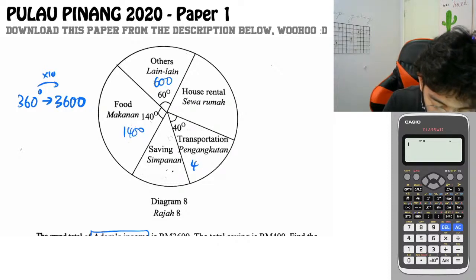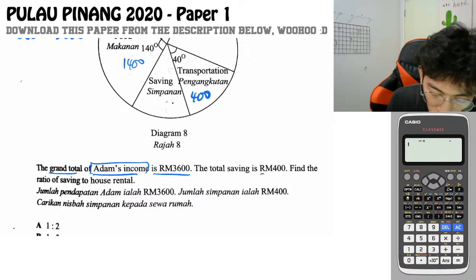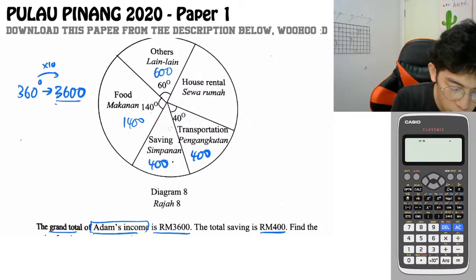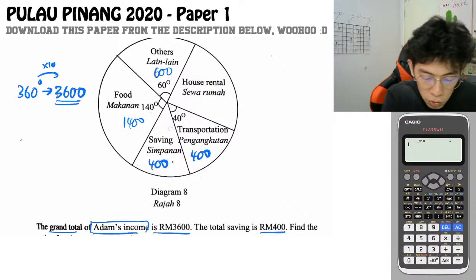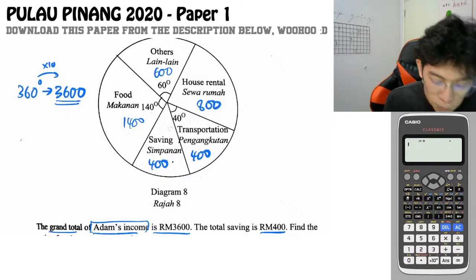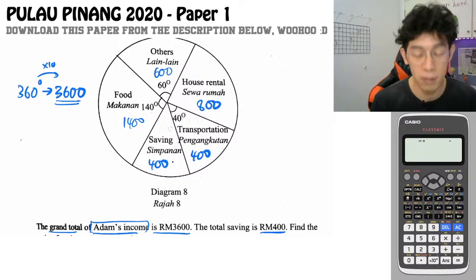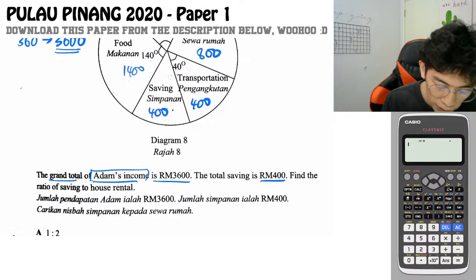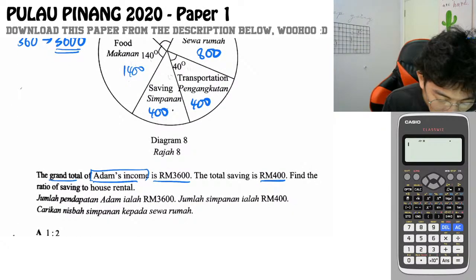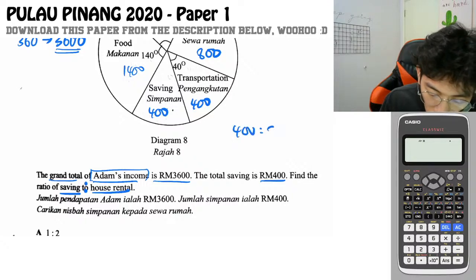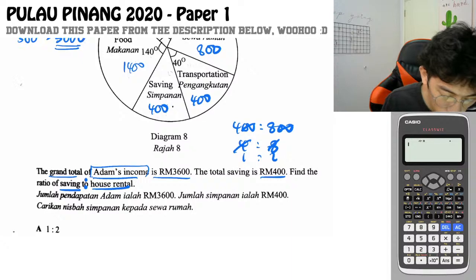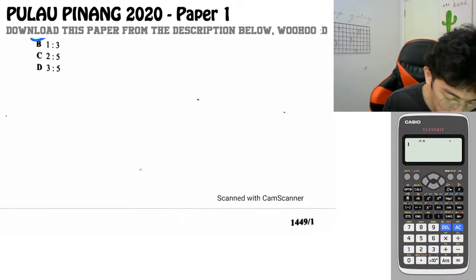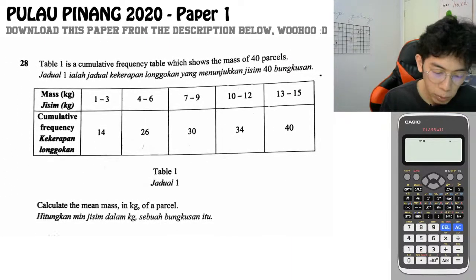This will be 400, and the savings is given as 400, and you just take 3,600 minus the rest. You notice that the house rental is 800. You minus the rest. Then it says find the ratio of savings to house rental. Savings to house rental, so the answer is 1 to 2. A. Next.